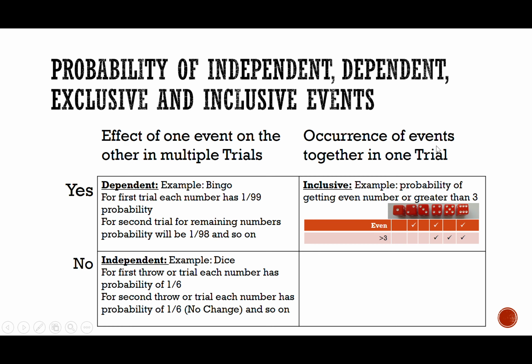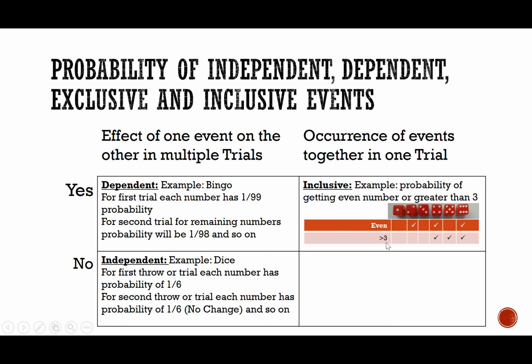Now, for the occurrence of events together in one trial, if they can occur together, then it becomes an inclusive event. For example, the probability of getting an even number or greater than 3. If we are looking at even, there is a 3 out of 6 probability that we can get an even number.